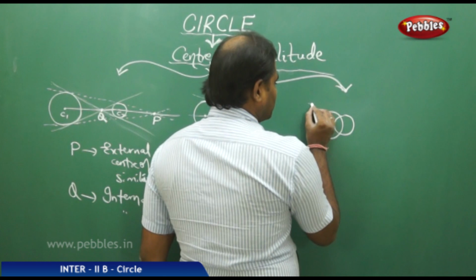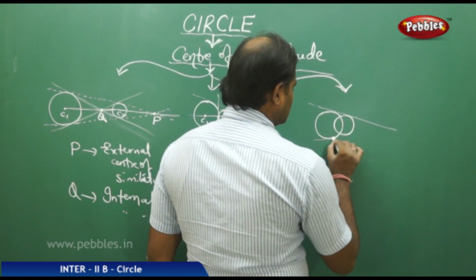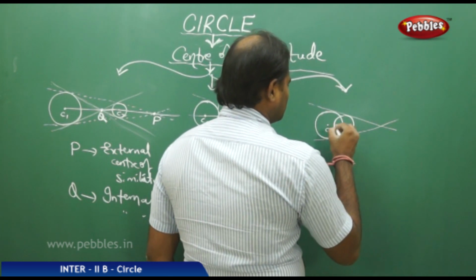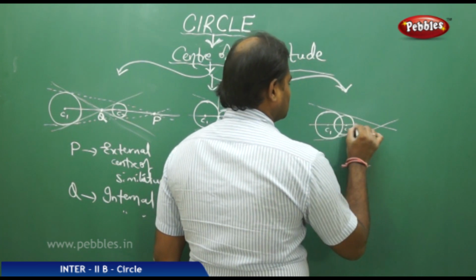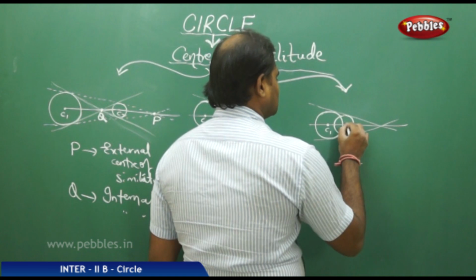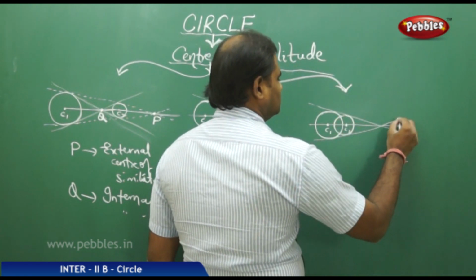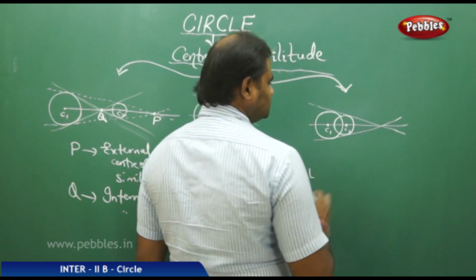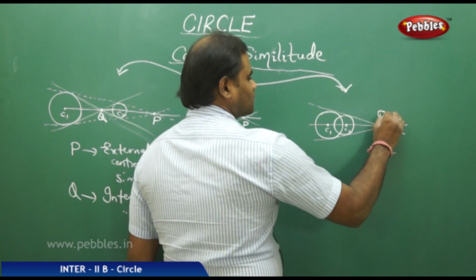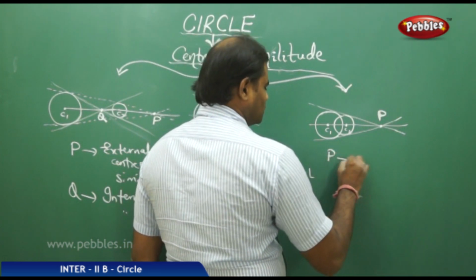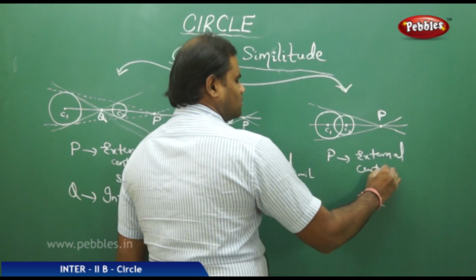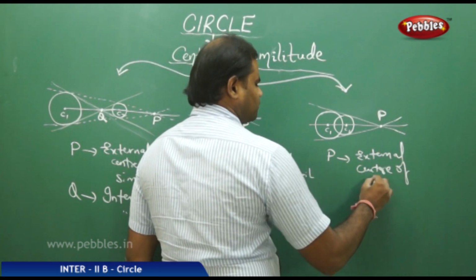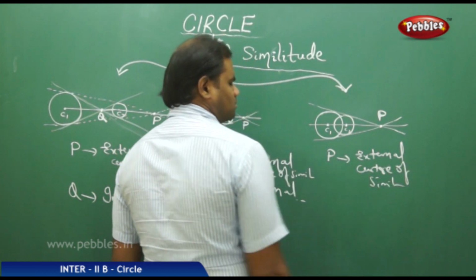Now similarly, if I draw the common tangents here, the line through the center of this circle and the center of this circle passes through the point P, which is called the external center of similitude.